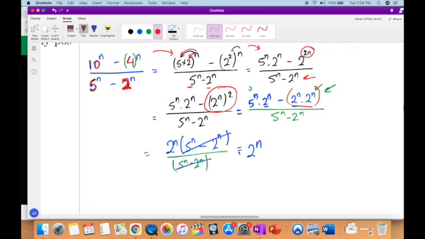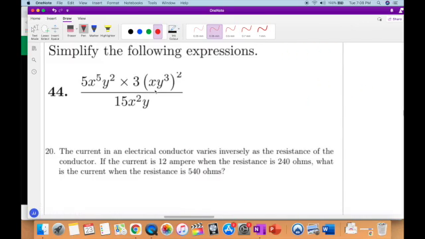This is a very lovely question. Okay, so this is 5x to the 5, y squared, times 3 open brackets x y cubed close brackets all squared, all over 15x squared y.